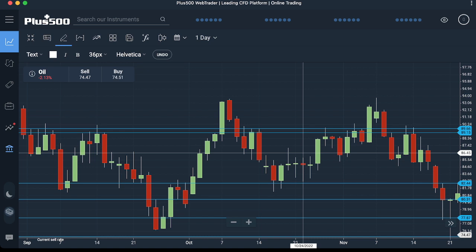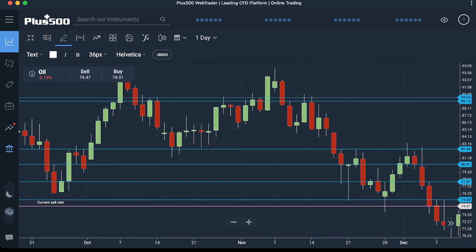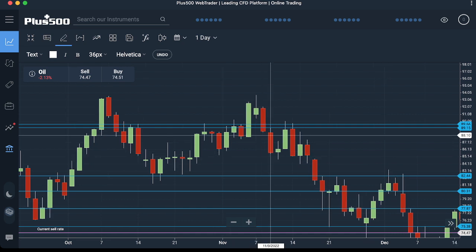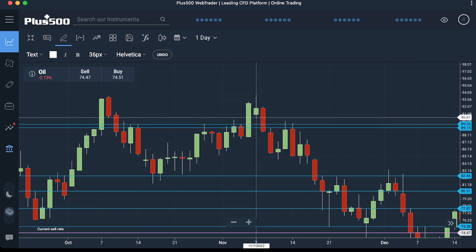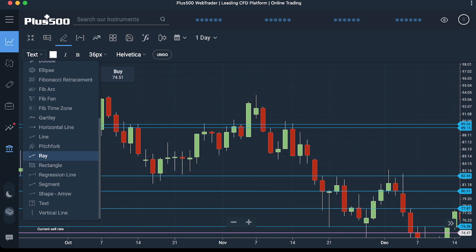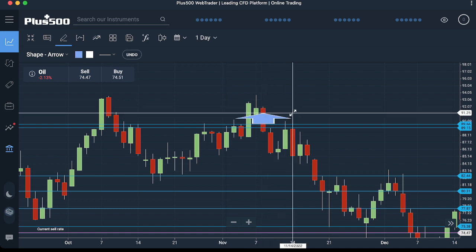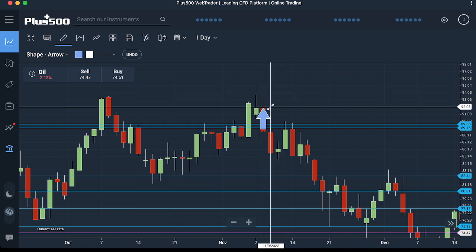So here you can see when we come to this chart, there is one more fair value gap, which is acting again as support and resistance. Let me put this arrow on the chart.